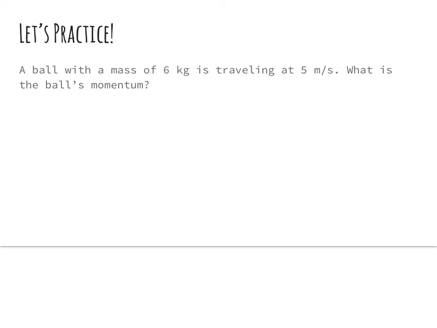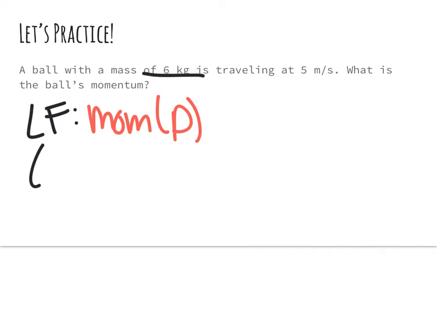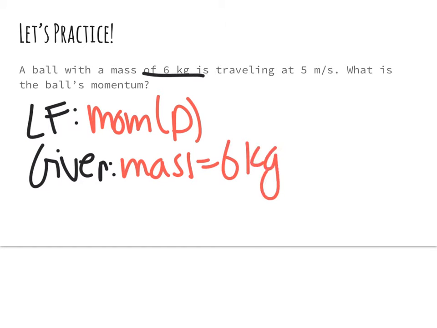Okay, so let's practice. A ball with a mass of 6 kilograms is traveling at 5 meters per second. What is the ball's momentum? So what we're looking for is the momentum, which is p. We are given the mass, which is 6 kilograms, and we're also given the velocity at 5 meters per second.